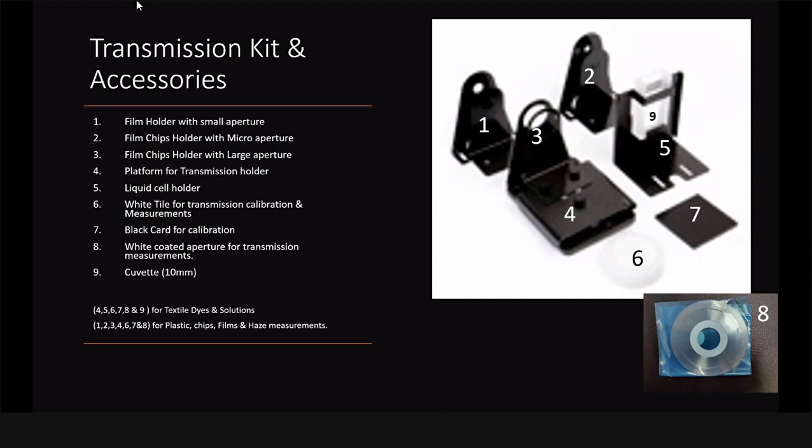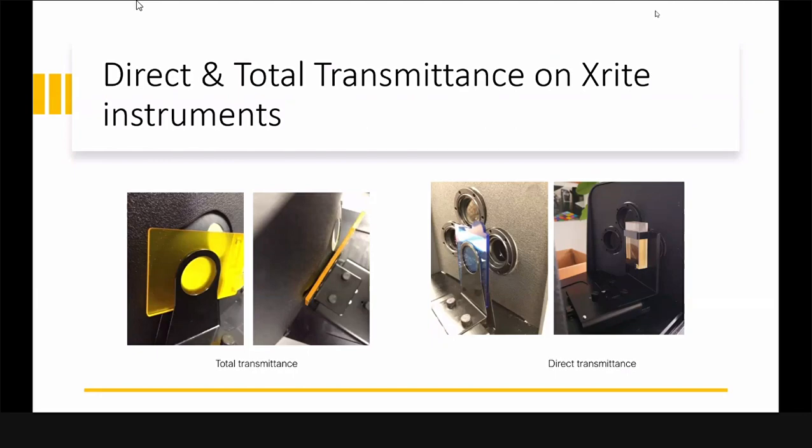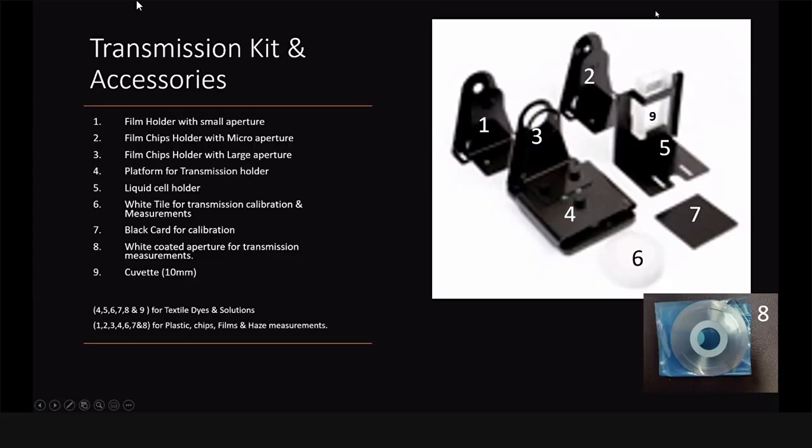So one is the film holder. Here, first is the film holder with small aperture, and second is again a chip holder with micro aperture, which is very low, around 3 to 6 mm, and then the third one is again a chip holder, which is a large aperture.